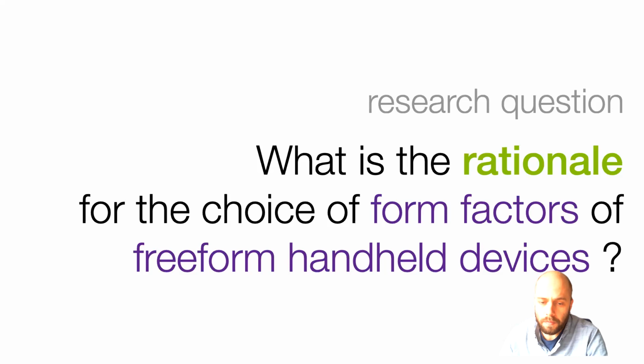So to sum up, compared to those previous works, what we now want to contribute is an investigation of the rationale for the choice of the different shape features of such devices.